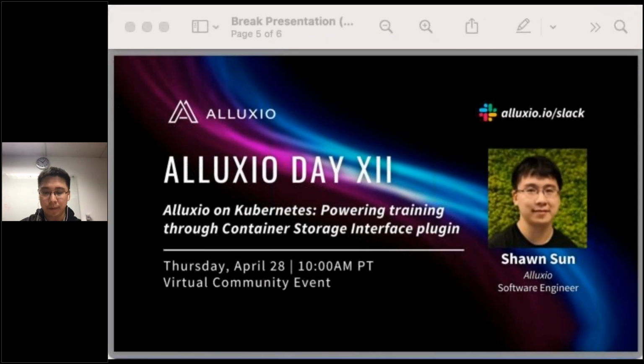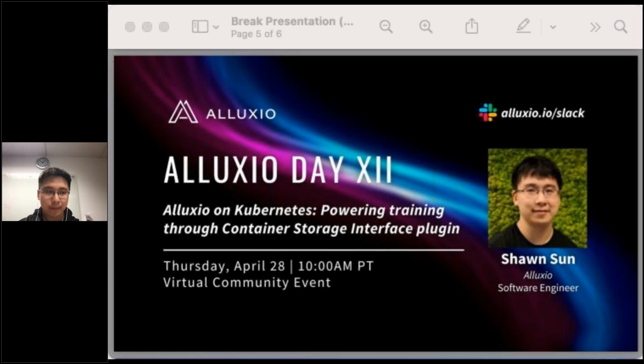Okay, so whether they use the same Fuse pod or not currently depends on whether they are using the same persistent volume and its claim.